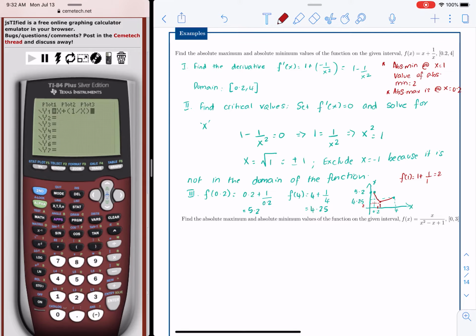And you can see that my graph looks very much like what the calculator has. And I didn't even have to use the calculator. All I did is a bit of calculus. So first derivatives are quite useful in finding such minimums and maximums of a function.